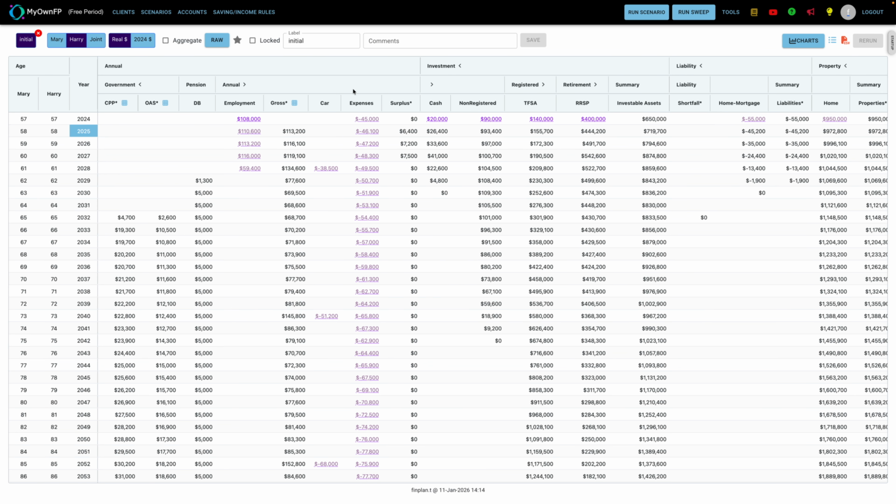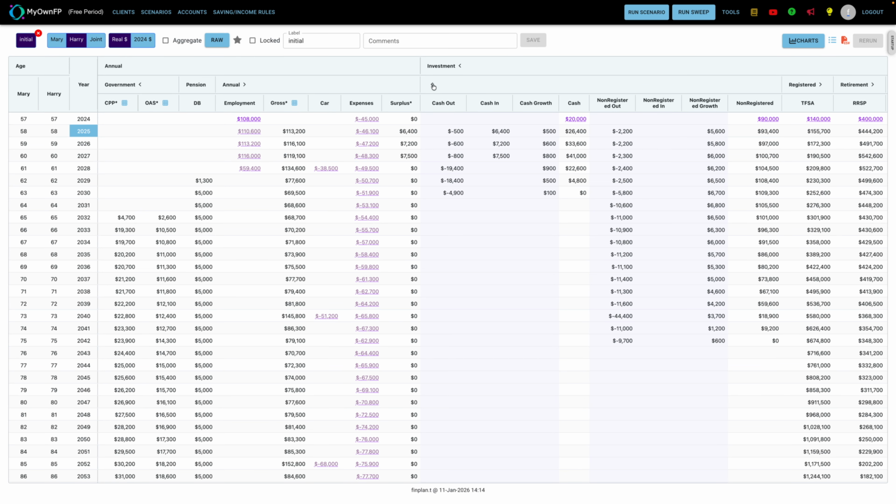We'll look at annual a little bit later, just because it really expands out a lot. Investment accounts: we have two different non-registered investment accounts. One is called cash, one is called non-registered. In the cash account, we can see what the growth was in the account, the cash into the account, and the cash out of the account.